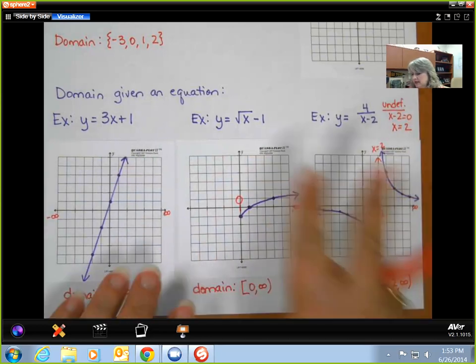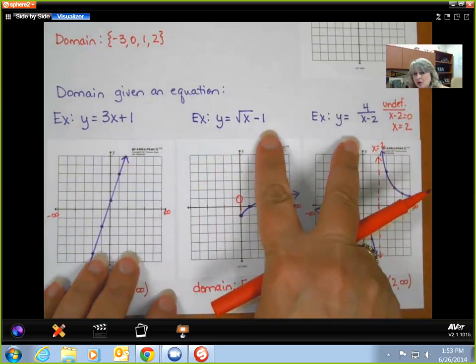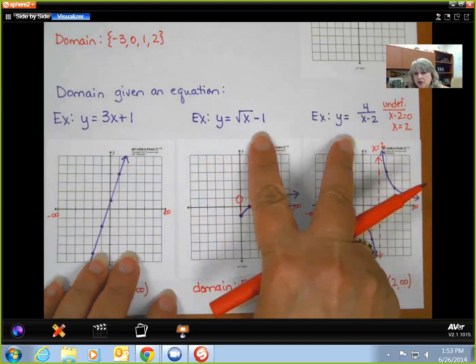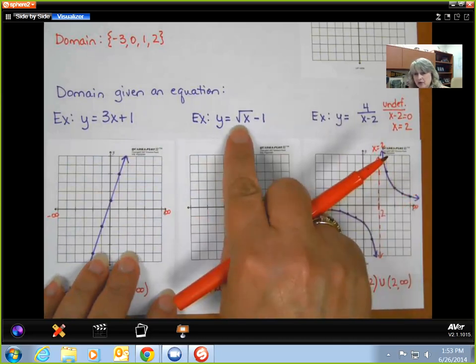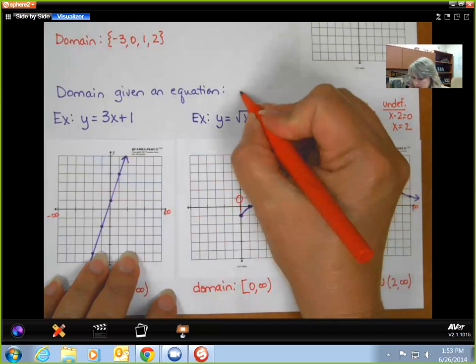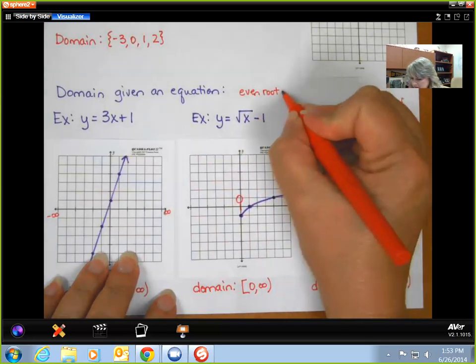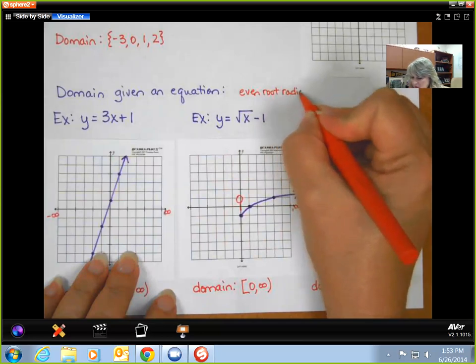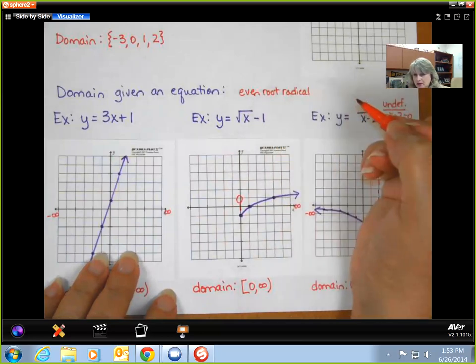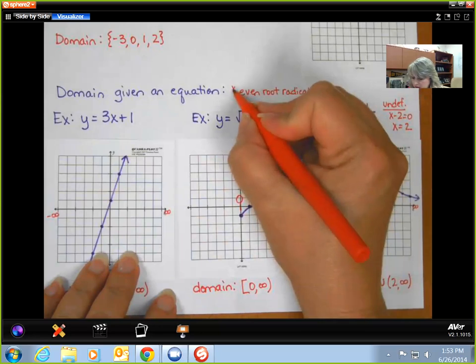So these are two examples of what you really have to watch for when you're looking at domain of a function. If you have an even root radical, so a square root, a fourth root, a sixth root, that's what you've got to watch out for.